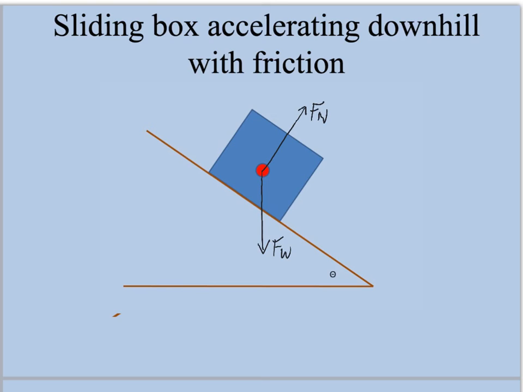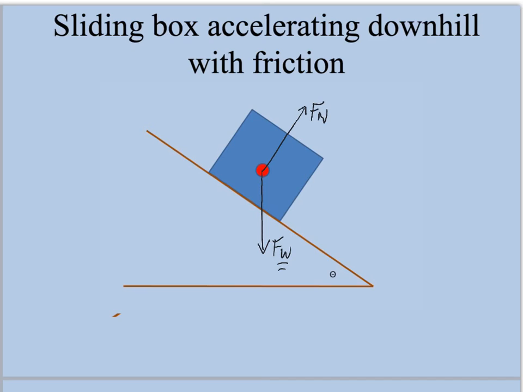Let's go ahead and draw the components for our weight vector. And hopefully you can see by now what's going on here. If you think about the weight vector, it is pulling straight down, not directly down on the surface of the incline.